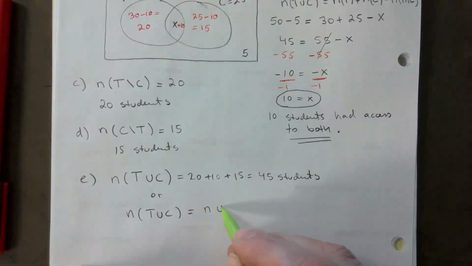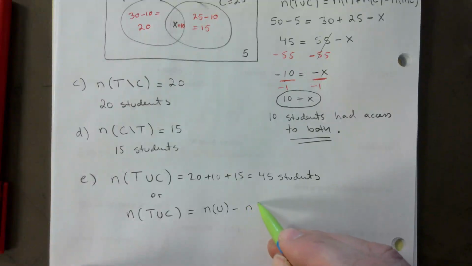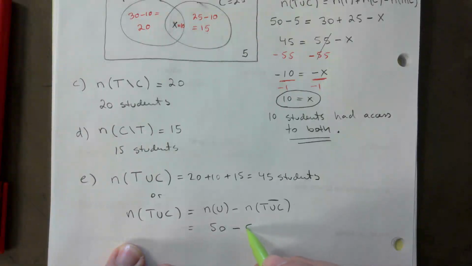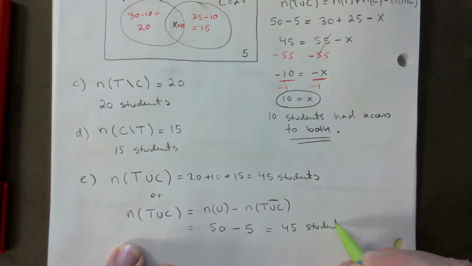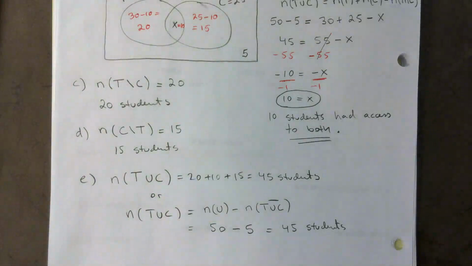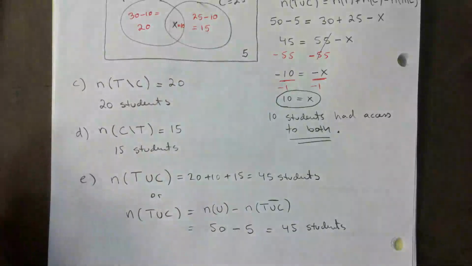You can take the universal set and subtract the outliers from it. That'd be 50 minus 5. So everything goes as long as you know how to get there. So sometimes it's frustrating, sometimes it's not.